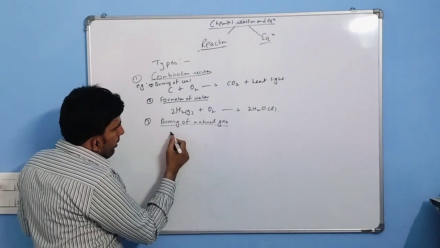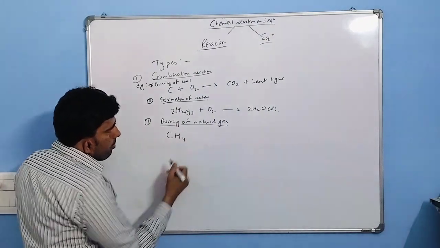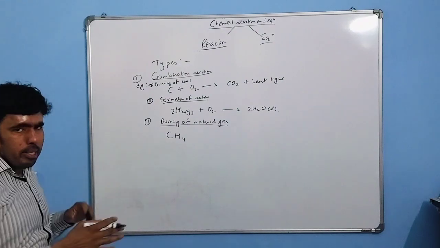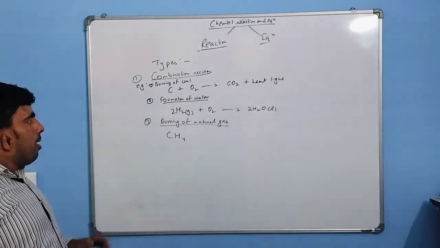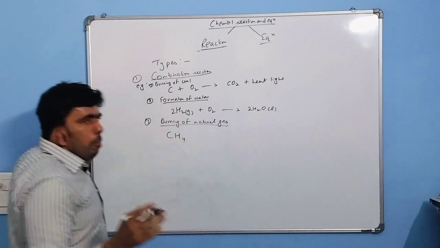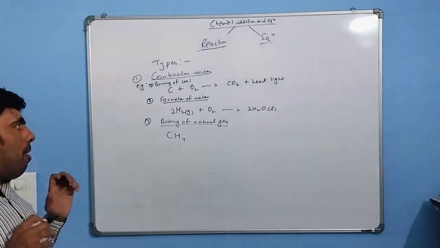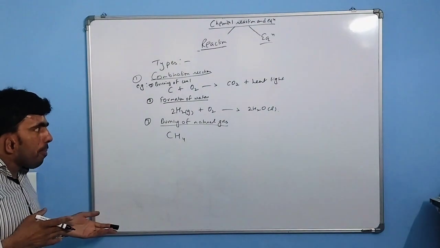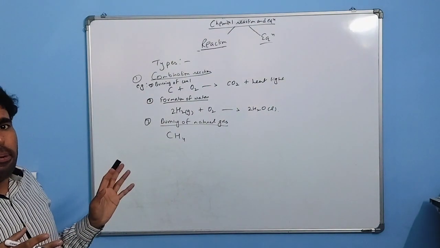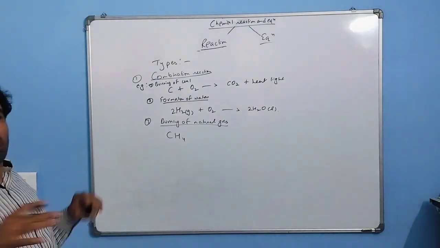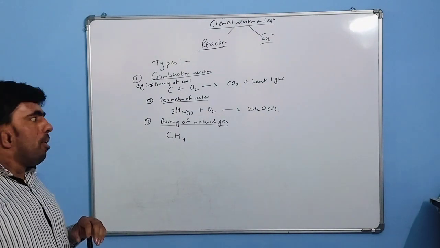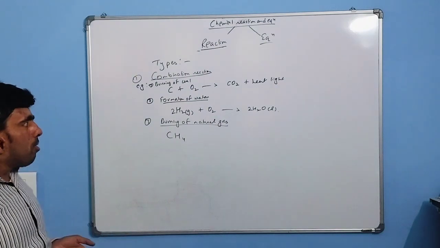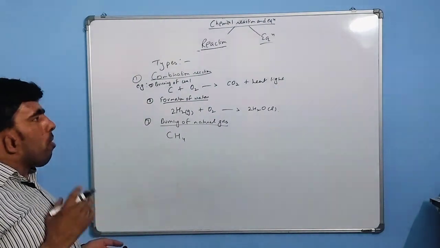What's the formula for that? Another name is methane. We'll discuss this in the carbon chapter. This chapter is a basic chapter, and I'm giving more stress on it because it is the beginning. After that you will find lots of reactions in each and every chapter: acids, bases and salts, metals and non-metals, and the carbon chapter. So let's first focus on this chapter.